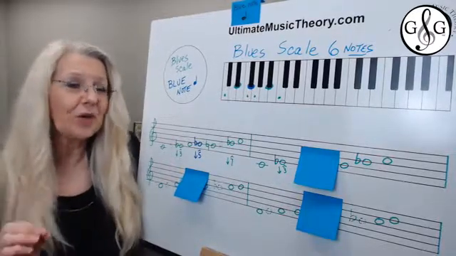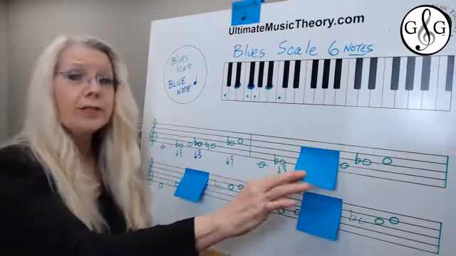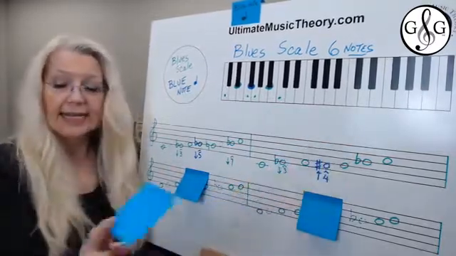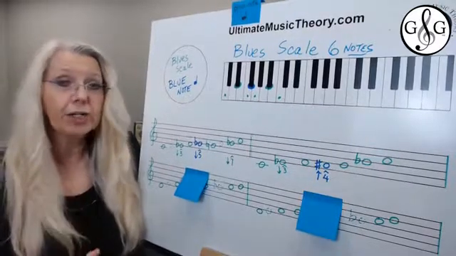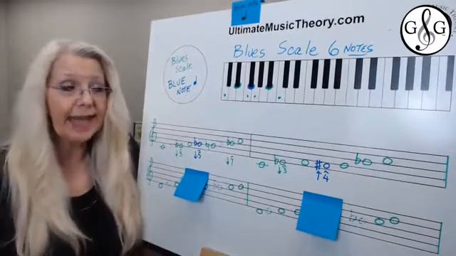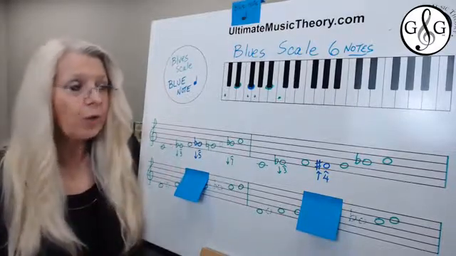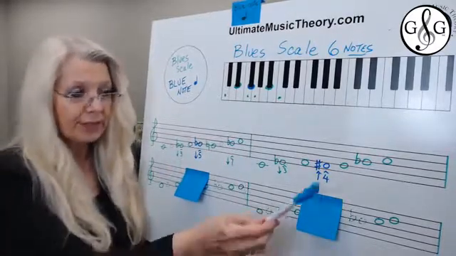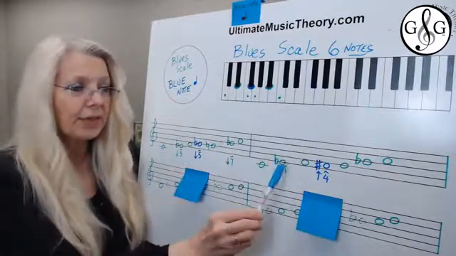Another thing that we can do when we have our blues scale is write it in a different way. We understand that we've written our minor pentatonic scale, and we're simply adding the blue note. So you'll notice that we have our major scale. We've eliminated the second and the sixth degree.